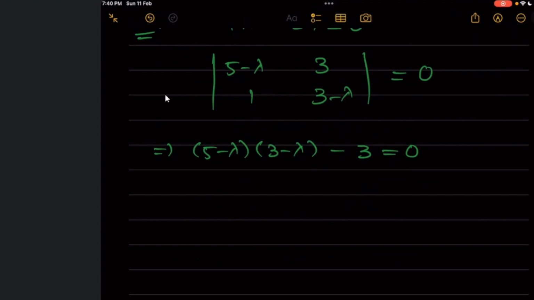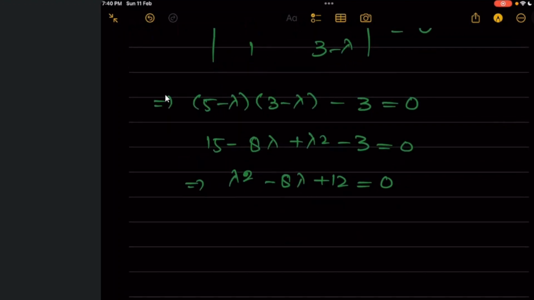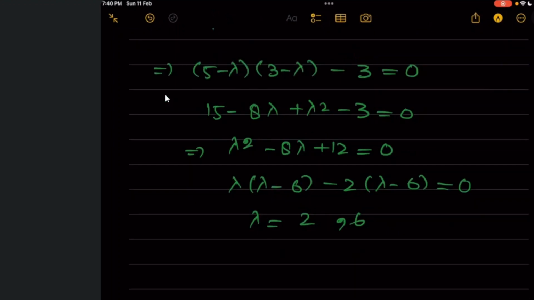From here it will be 15 minus 3 lambda minus 5 lambda, minus 8 lambda, and then plus lambda square minus 3 equal to 0. Then lambda square minus 8 lambda plus 12 equal to 0. From here it will be lambda into (lambda minus 6) minus 2 into (lambda minus 6) equal to 0, which gives us lambda equal to 2 and 6.